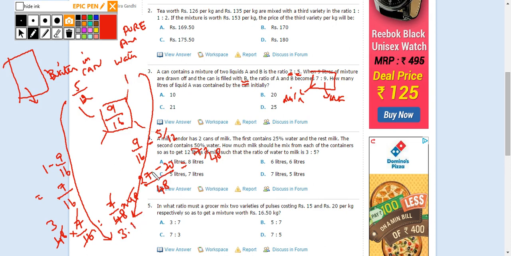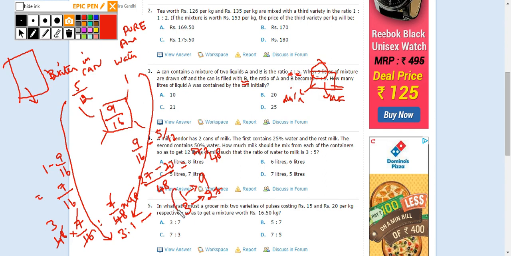What is this 1 part of pure water? This is nothing but the replaced thing, right? We are replacing 9 liters and we are adding 9 liters of pure water. So if this 1 part is going to represent 9, what is this 3 parts going to represent? That will be 27 liters. Now the question is, how many liters of liquid A was contained by the can initially?